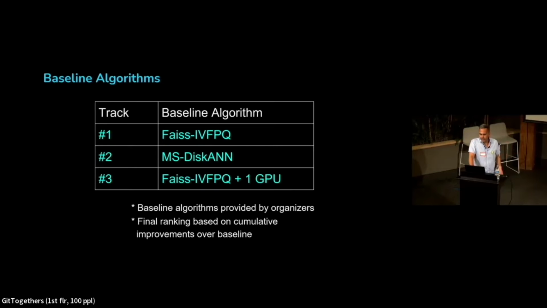For track 2, the baseline algorithm was supplied by Microsoft, their DiskANN algorithm, which is also an open source algorithm. Some of you I know have heard of it or even used it. Track 3 was the same algorithm from Meta, but running on one V100 NVIDIA GPU. All right, so those are the baseline algorithms. Let's go quickly to the results.